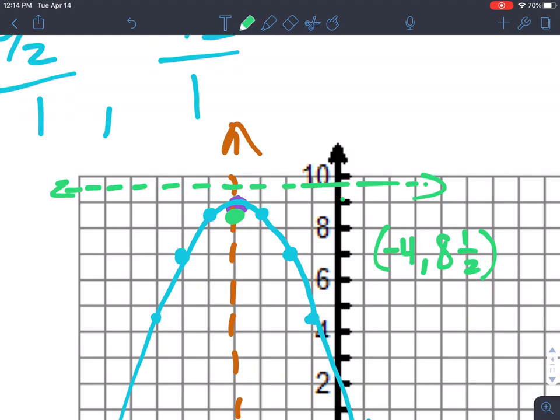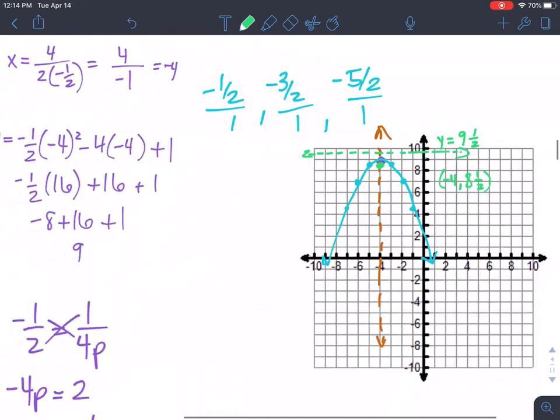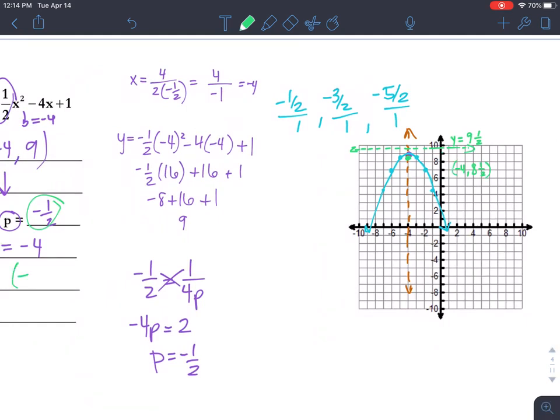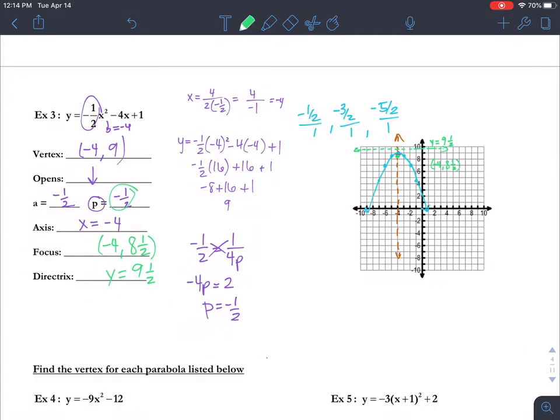And instead of being at 9, I went up 1/2, so I'm at 9.5 for my directrix. So the focus was -4, 8.5, because I went downwards for my focus, and I'm at 9.5 for my directrix. So again, review from yesterday, but good to get some extra practice, and I've got all 4 elements graphed.